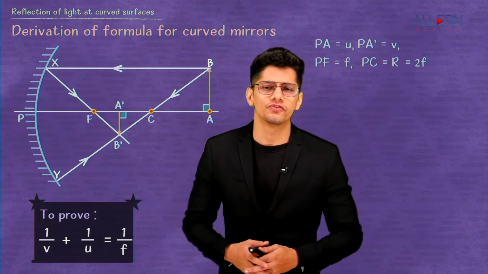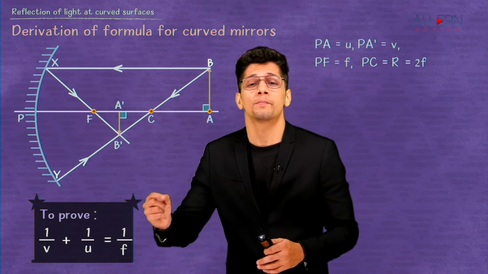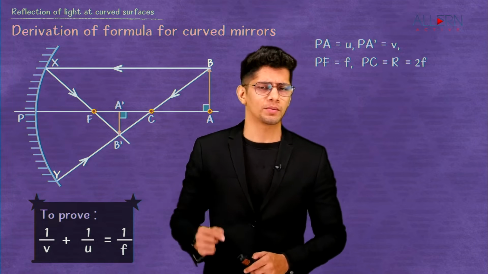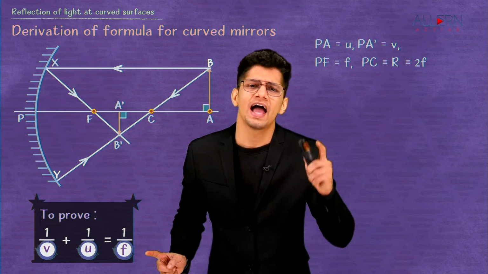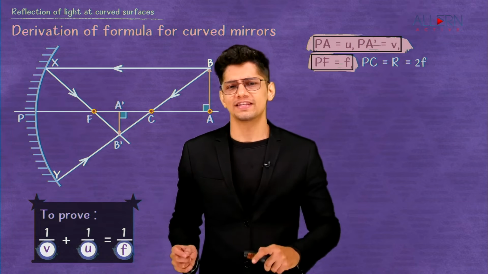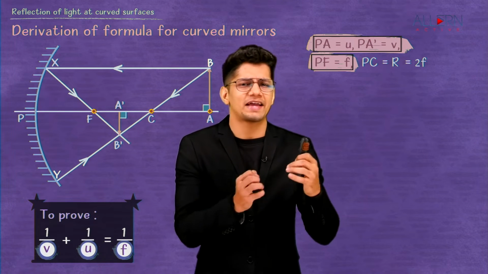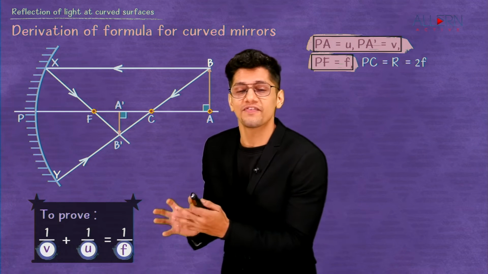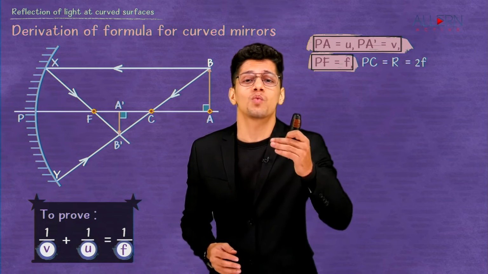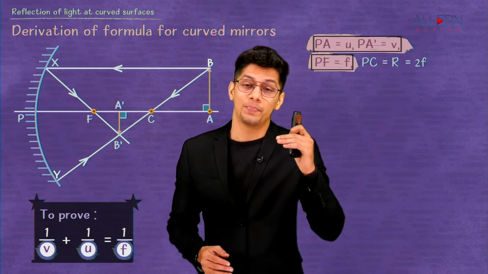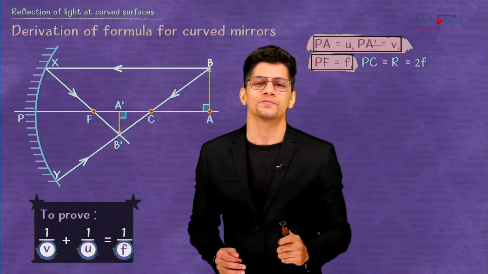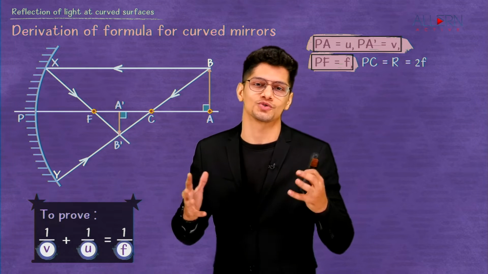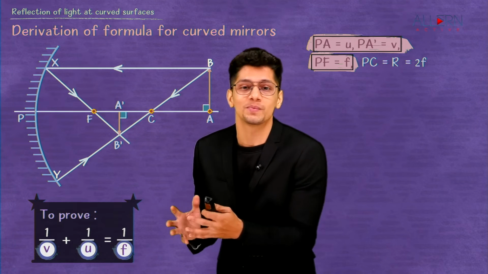So what do we need to prove? We need to prove the formula 1 by V plus 1 by U is equal to 1 by F. In the formula we have V, U and F, and we have the values of these terms, that is PA dash, PA and PF. But the formula has ratios, and we have to prove ratios to be equal.